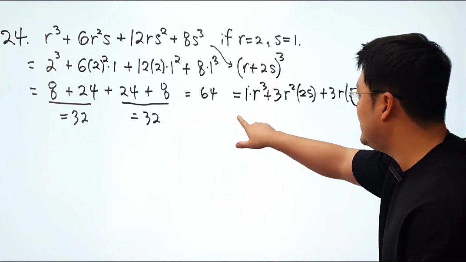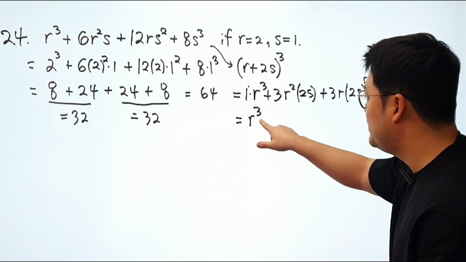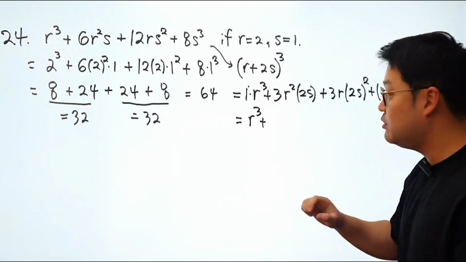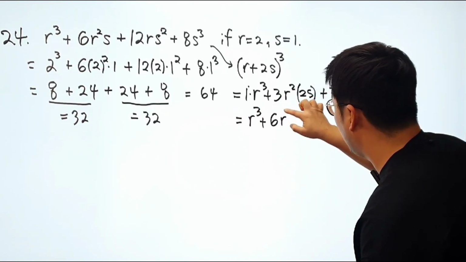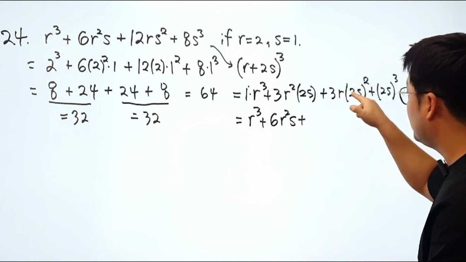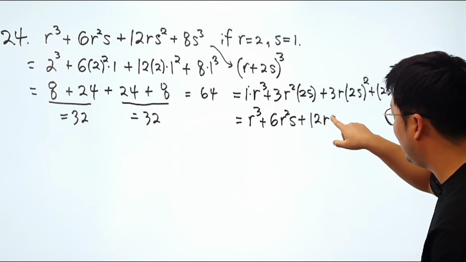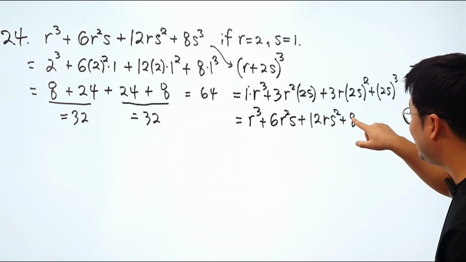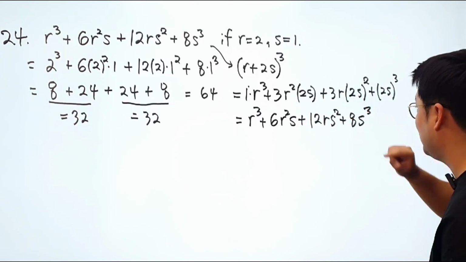If you expand all of these, that becomes r cubed, and we multiply 3 by 2, getting 6 times r squared s, and 3 times 4, which is 12 times r s squared, and we get 8s cubed, just like this.